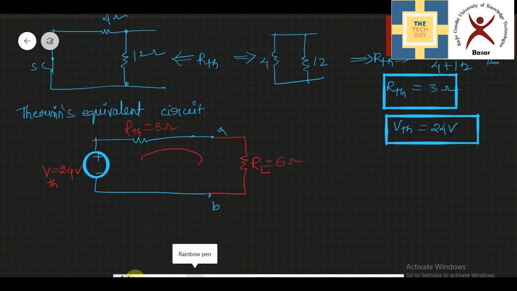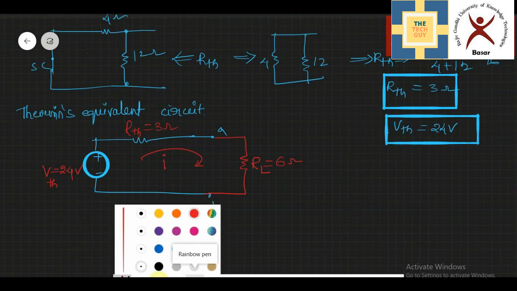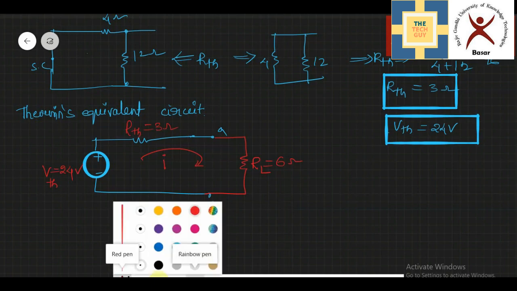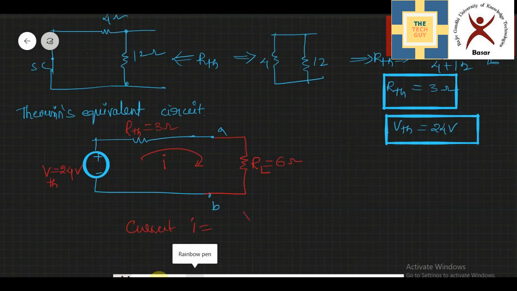Now we need to find the current in this loop, that is I. Current I equals voltage source by sum of the resistances. We have two resistances, so I equals VTH by RTH plus load resistance RL.